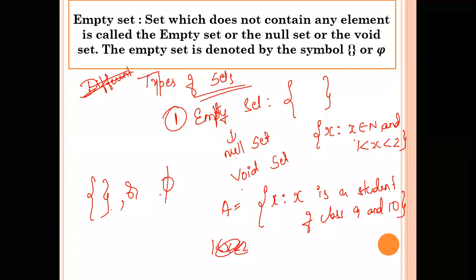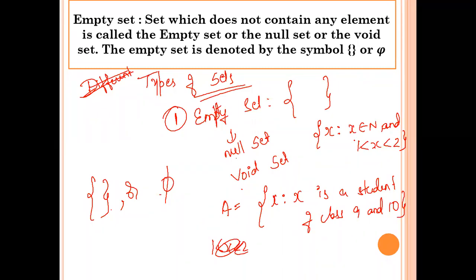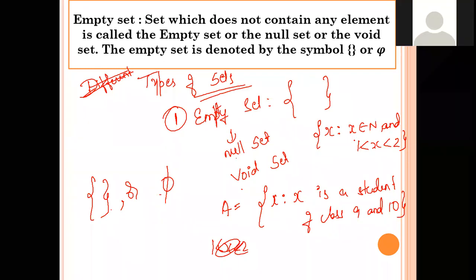Can you find any natural number in between 1 and 2, students? No. Which means, do you have any element in that particular set? No. So it is an empty set.